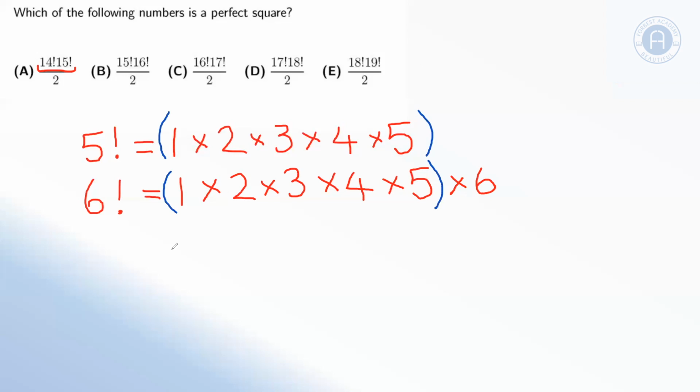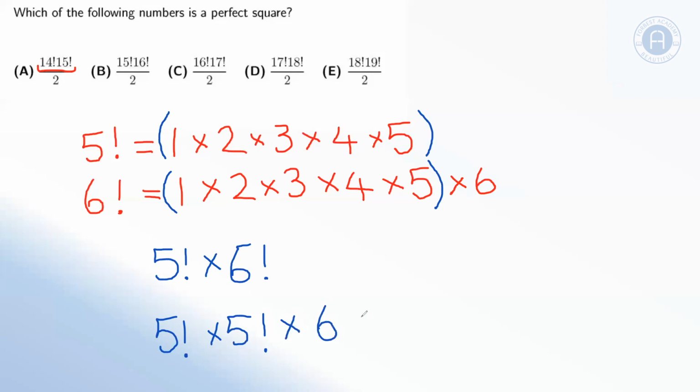So if we think of 5 factorial multiplied by 6 factorial, essentially what we've got there is 5 factorial times 5 factorial and then multiplied by 6.